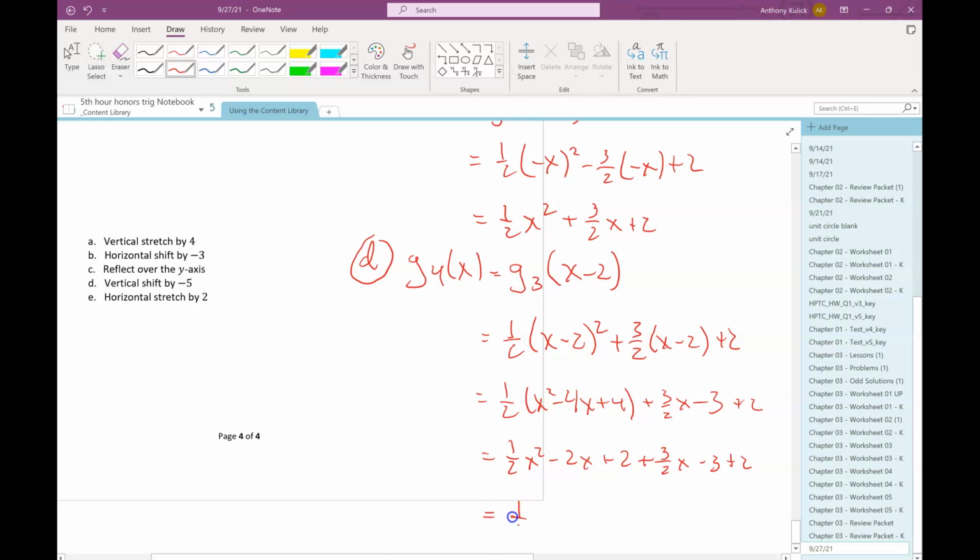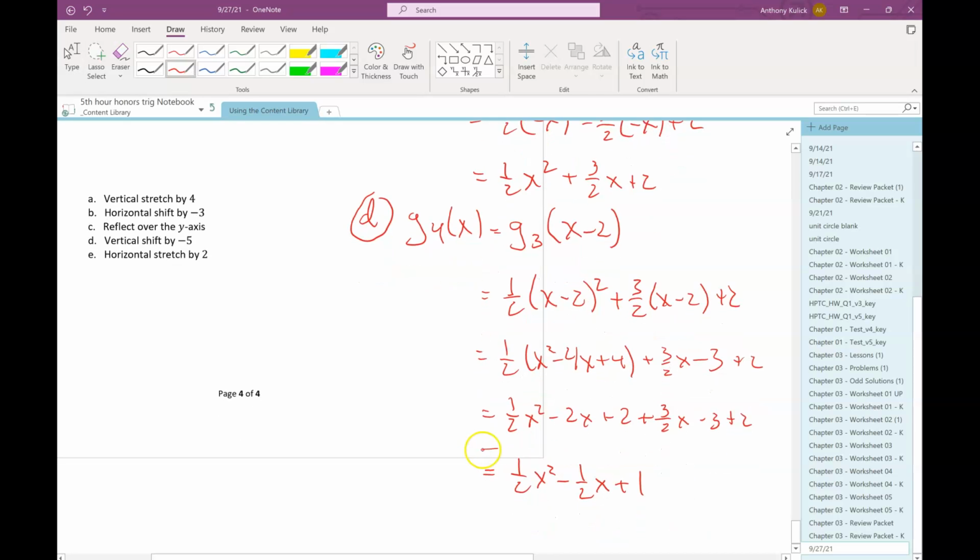And when I combine all my like terms, I have 1/2 x squared minus 1/2 x plus 1. Is there going to be a question like this on the test? Yes, sir. That's a lot. Well, there's a lot of steps to handle. Yes, a lot of steps that I could mess up on. Unfortunately.